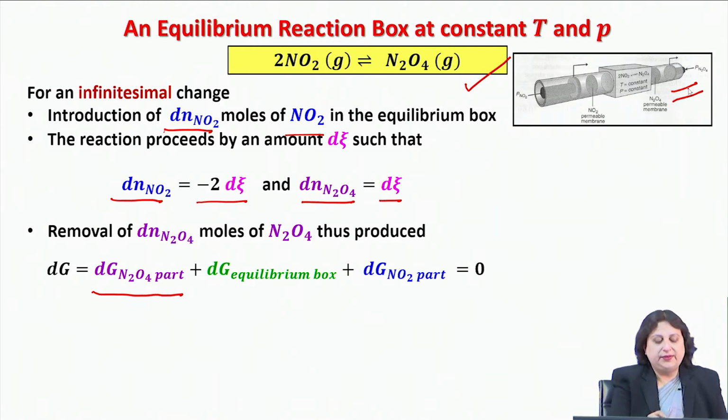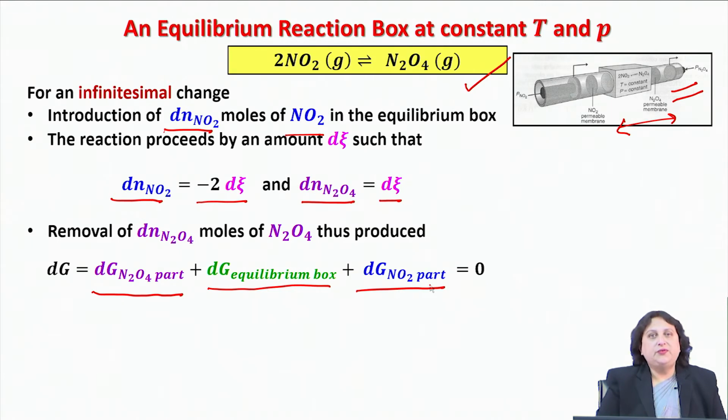I will also have some dG of the equilibrium box, which is concerning the change in Gibbs free energy within the reaction box. And also, I will have some infinitesimal change in the Gibbs free energy of the NO2 part. So, that is the left-hand side of the reaction box.